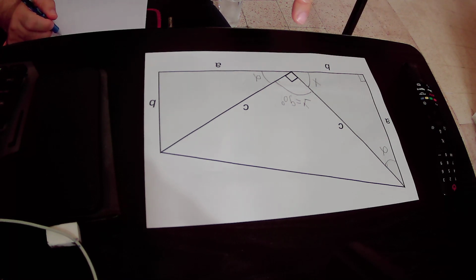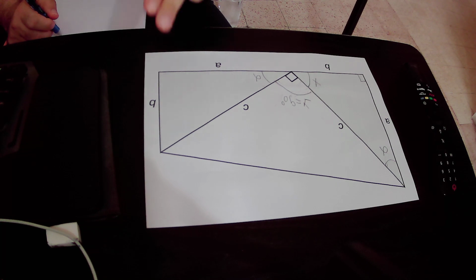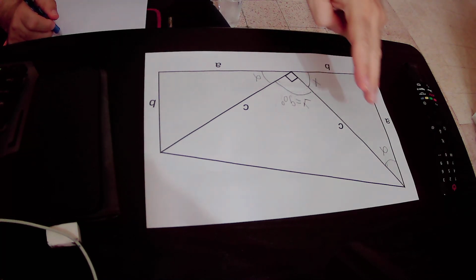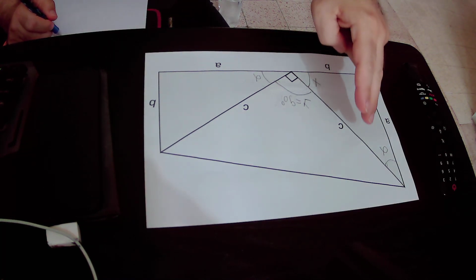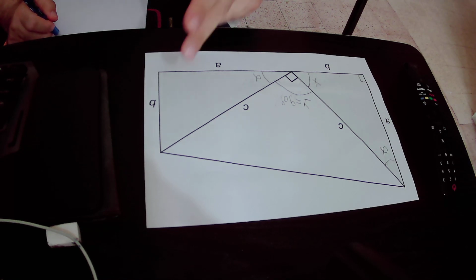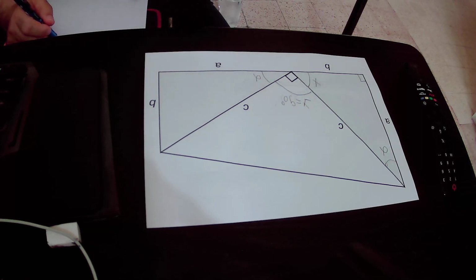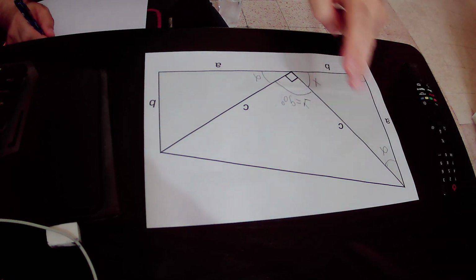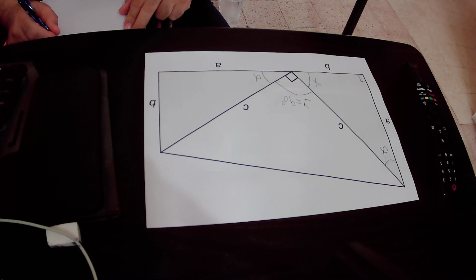Now the area of the middle triangle is equal to its base times its height to the base, divided by 2. So the base of the middle triangle is c, and the height to the base is also c. We divide it by 2.